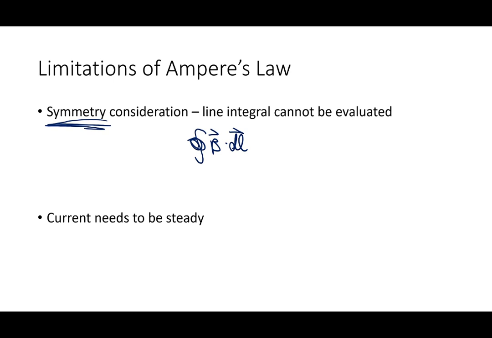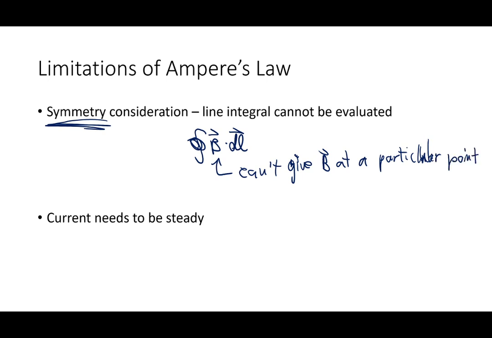It's not that it's not true in those cases. Just like Gauss's law, it's true no matter what the geometry is. But it's just that the loop integral will not give you the magnetic field at a particular point without the right symmetry.